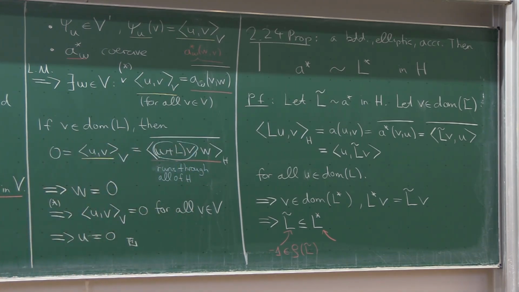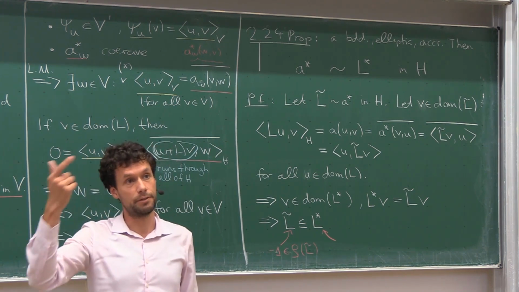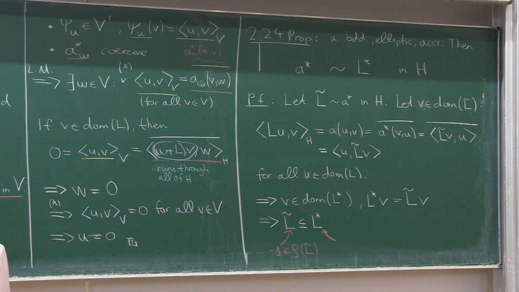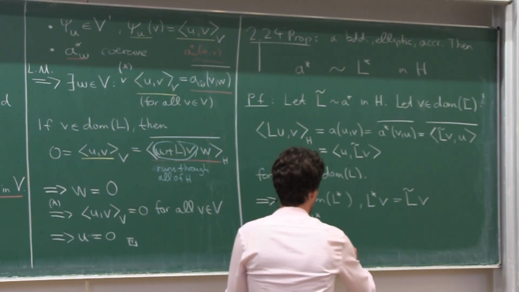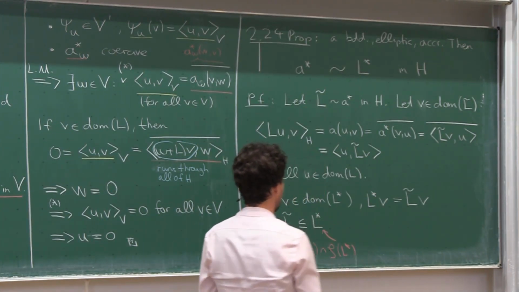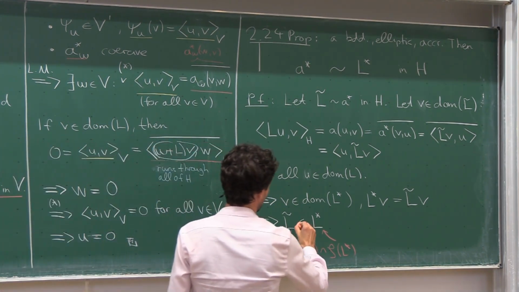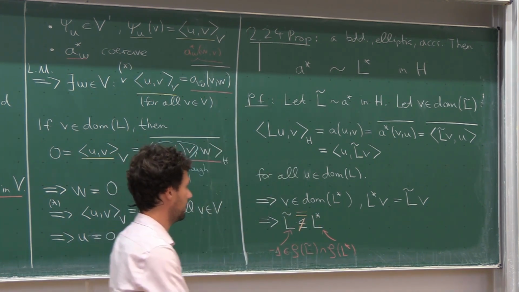Minus 1 is also in the resolvent set of L by exactly the same result. And because going to the adjoint just means complex conjugation of the spectrum and hence the resolvent set, I can also say that the resolvent set of L star also contains minus 1. And because of that, I can take orange chalk and make this an equality, and then the proof is complete.